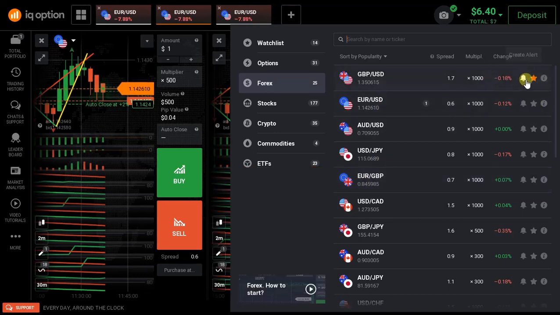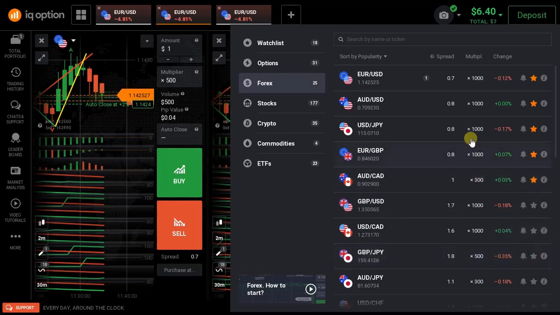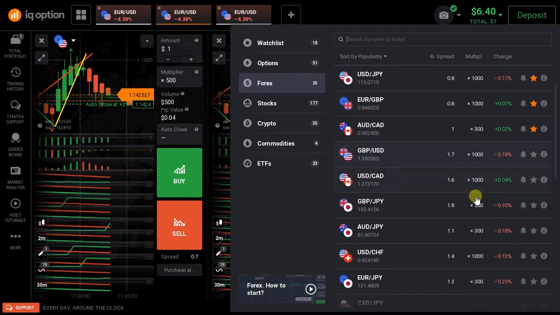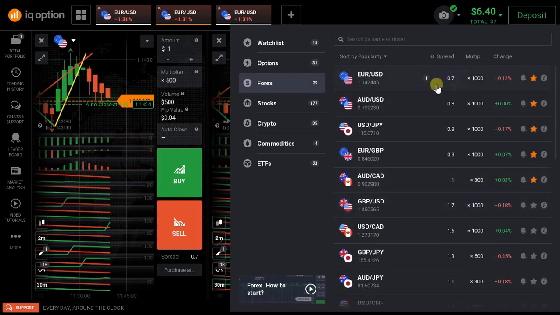Let me just remove this, because you just want the ones that have so far the smallest spread. I saw some pair having 0.5, but it was still not stabilizing. So I think those are enough. You can just deal within those pairs. They have some good spread that is not so big.